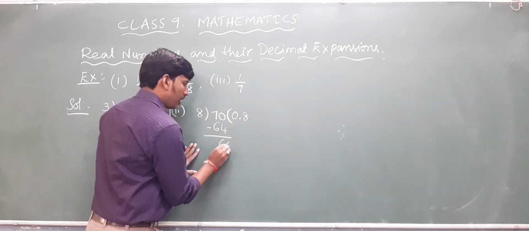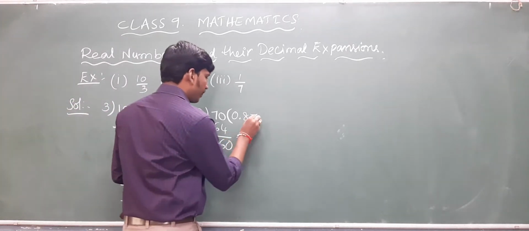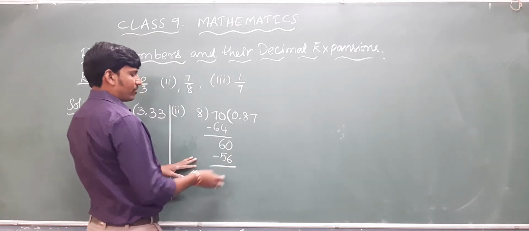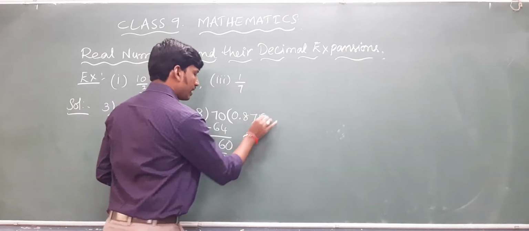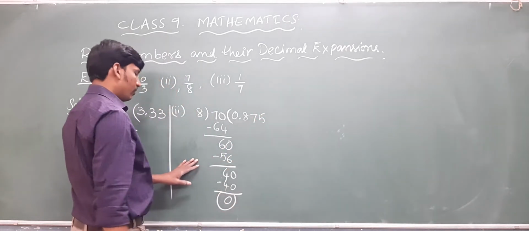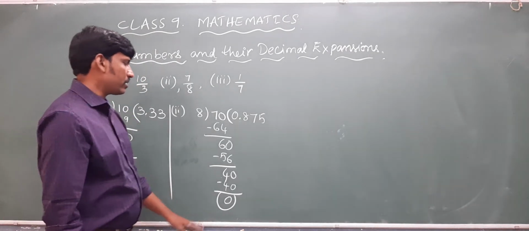Decimal is there, keep 0, 60. 8 7s are 56. When you subtract, 60 minus 56 is 4. Again keep 0, 8 5s are 40. Now 40 minus 40 will become 0. In the first case we got 1 as a remainder, repeated; here 0 as a remainder.